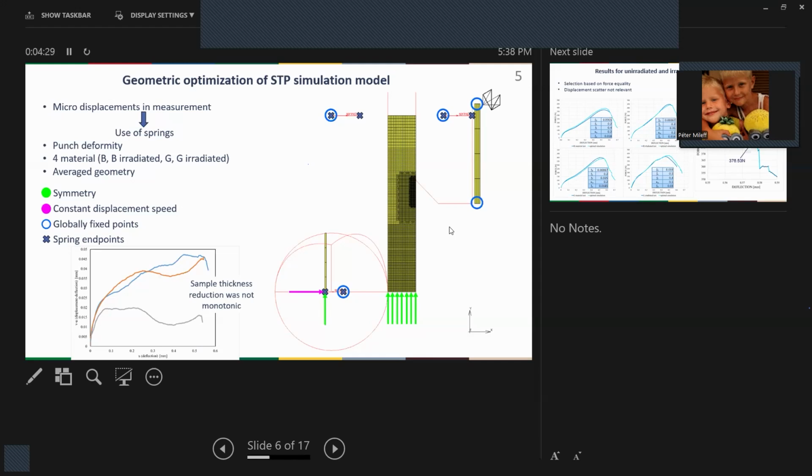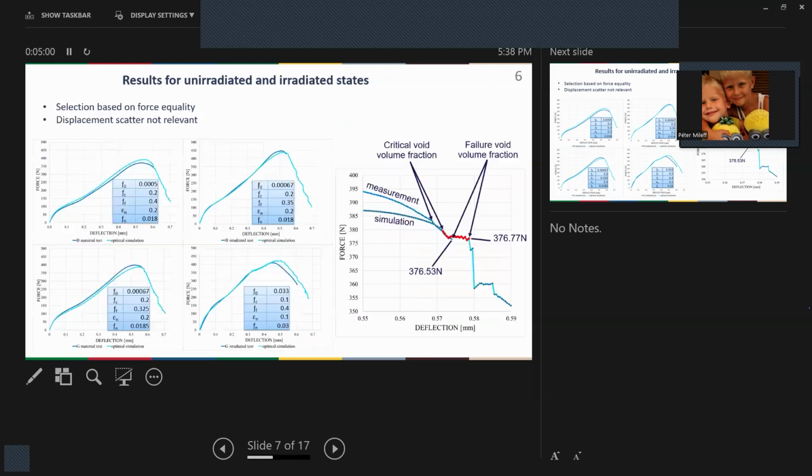So we decided to use springs in different points of the simulation model, and also we used some kind of collision surfaces. We also took into account the punch deformity as well. After that, we came out with an average geometry for our four investigated materials, B, G, and the irradiated B and G materials, in terms of spring forces and collision surface gaps.